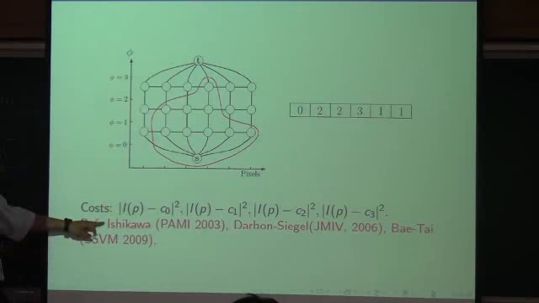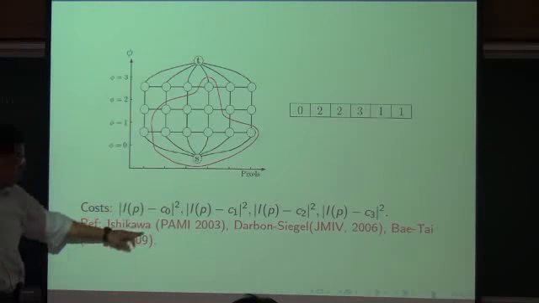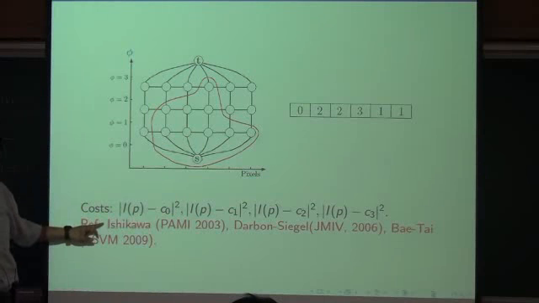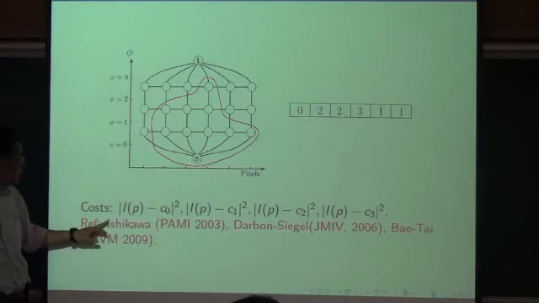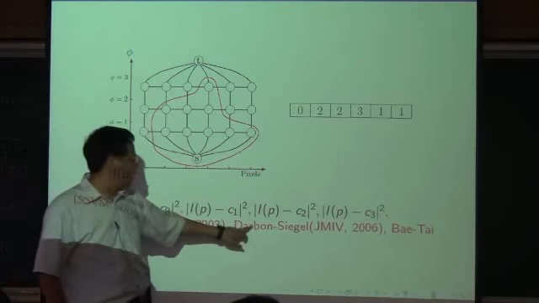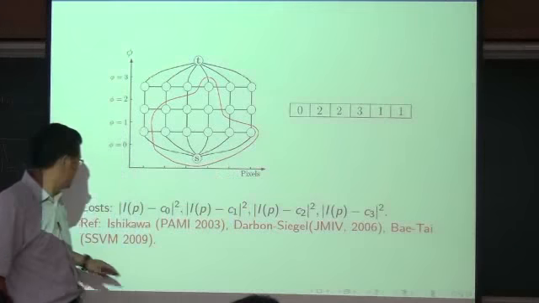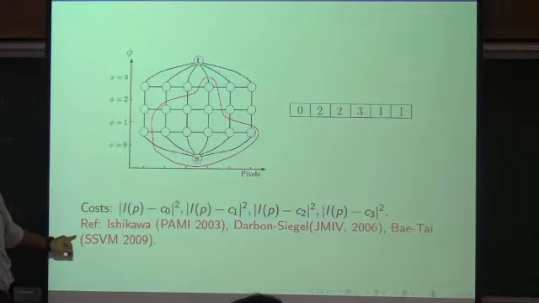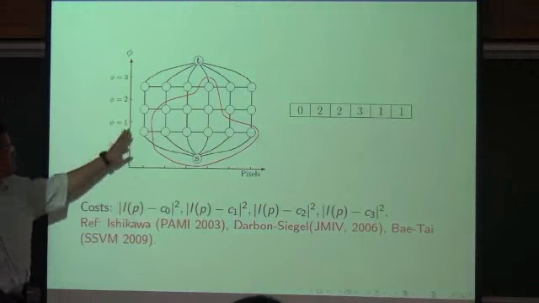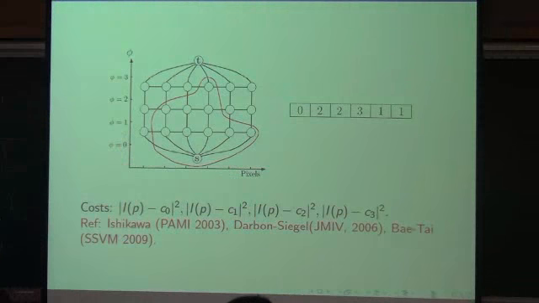In fact, this idea traces back to Ishikawa. Boykov did the two-phase around 2000. Later Darbon and Sigelle made a connection between this one and total variation. We also have modified the Ishikawa approach and use it too. So we observe a connection between this one and the Mumford-Shah model.